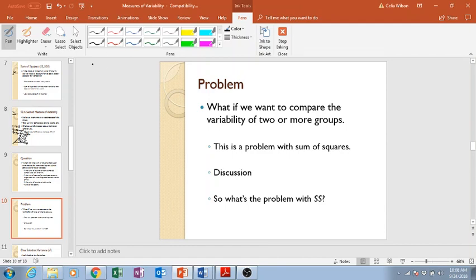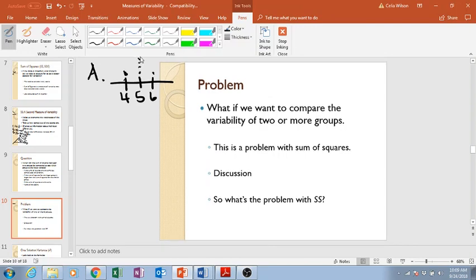So we have group A, which will be 4, 5, 6. So 4, 5, 6. And we have 1 four, 1 six, and we have 4 fives. I did that not right. Let's get my slide down a little bit.